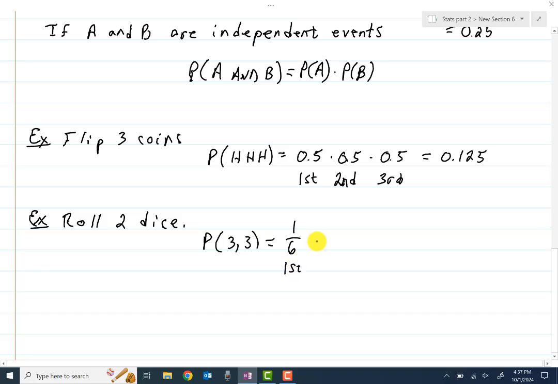So there's the first die, and here is the second one. And you end up with 1 out of 36. And you'll remember when I looked at the total number of outcomes for rolling 2 dice, there were 36 outcomes total. So that would be a painful sample space to try to recreate every time. I think this is far more desirable.